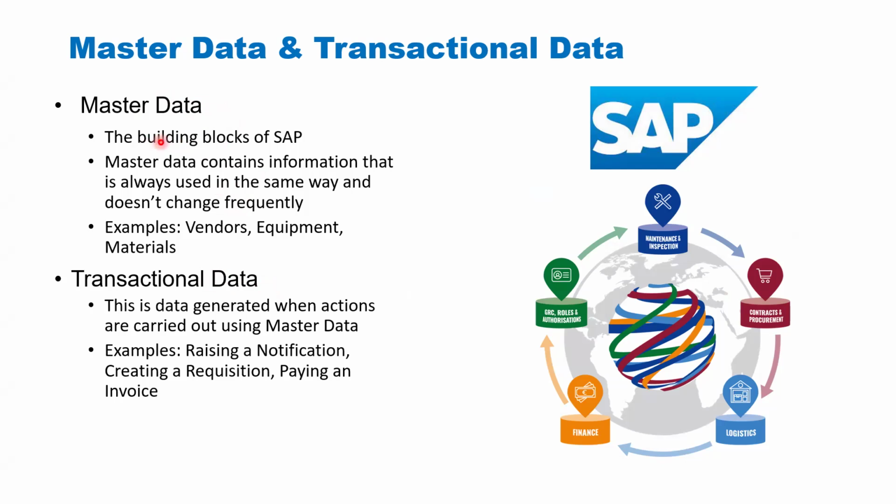So as I said, when you set up the structure within SAP, you set it up as master data. And master data typically contains information that is always used in the same way, so you hardly change master data in SAP. For example, you can see here I have vendors as master data, I have equipment, I have materials.